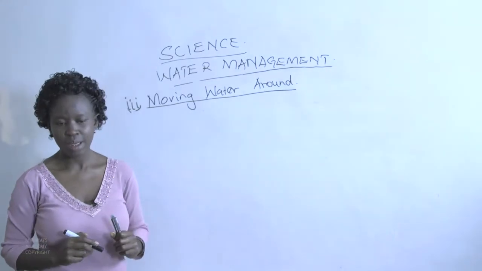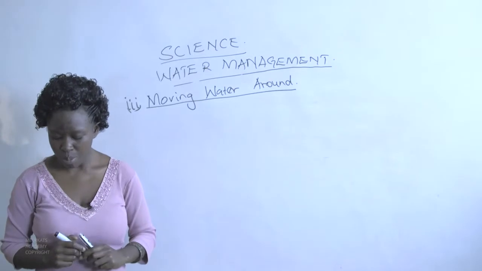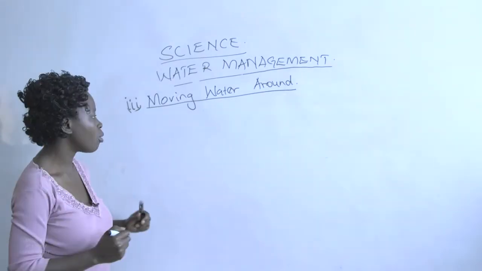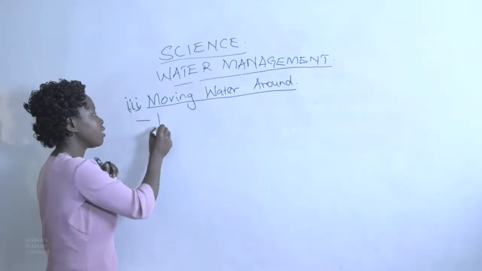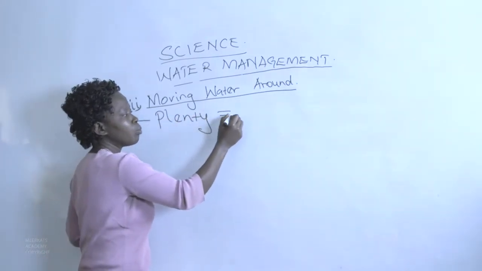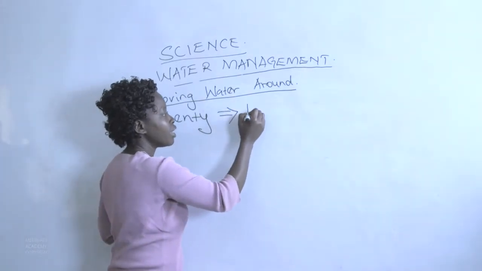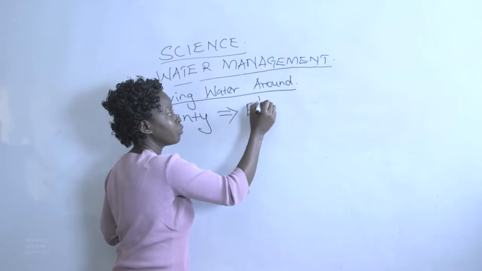Moving water around is a practice whereby you are moving water from the places where it is in plenty to places where it does not have enough water.